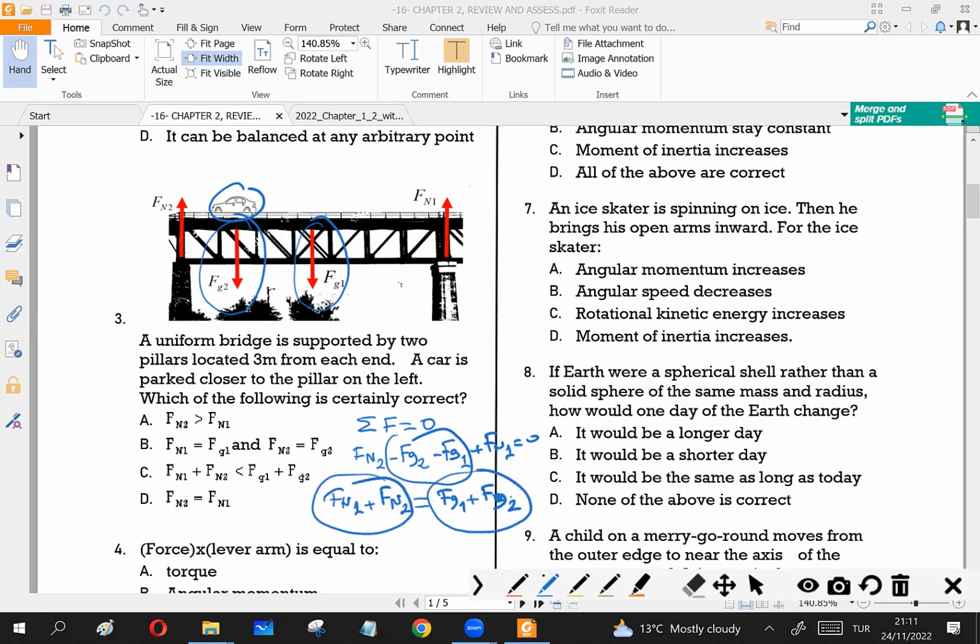But when we see C, it says less. No, this is not correct. They must be equal. The sum of the magnitudes of the forces in the positive y direction and the sum of the magnitudes of the forces in the negative y direction must be equal.